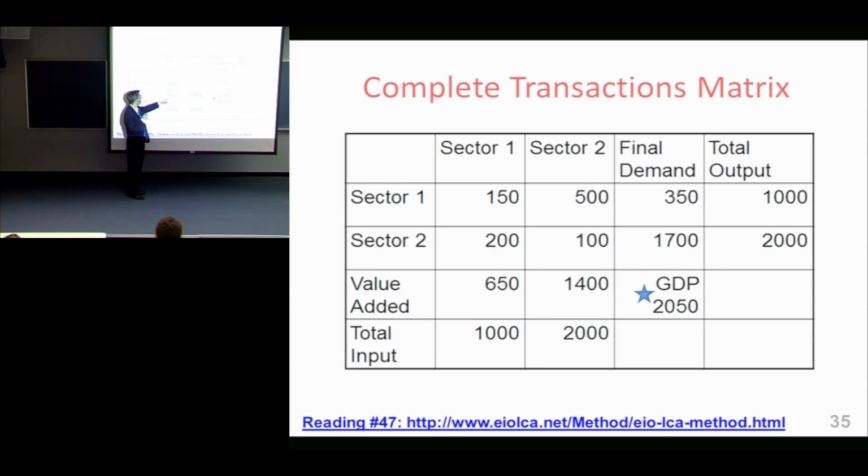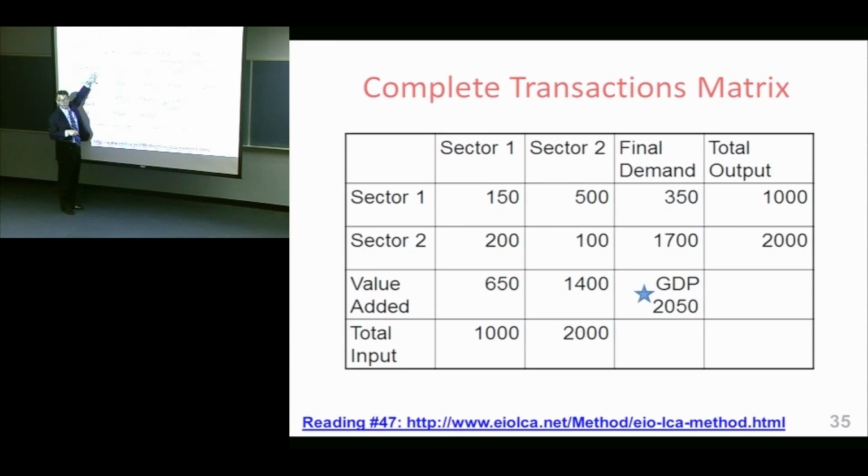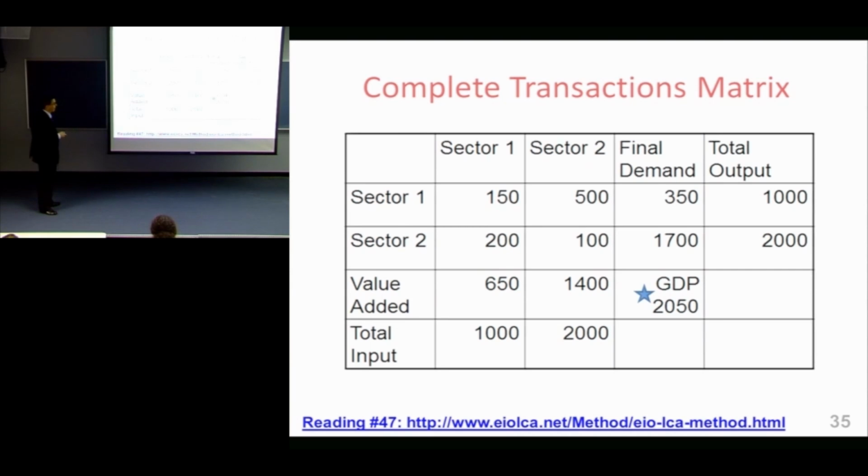So 1,000 minus 350 is 650. So this is the value add of Sector 1 purchasing these materials. Okay, so that gets you the value add. And you can either add across the value added or down the final demand to get GDP. Okay?